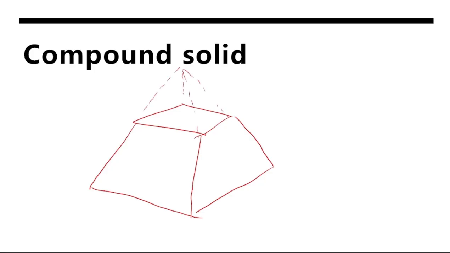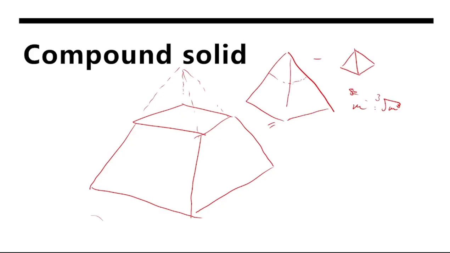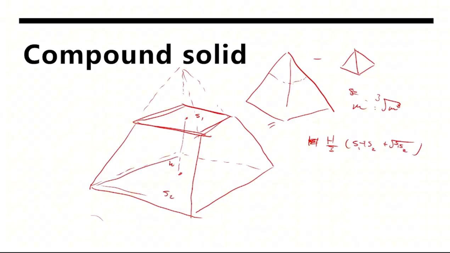If it is a pyramid frustum, we'll have h over 3 times s1 plus s2 plus square root of s1 s2, where h is the height of the frustum, s1 is the surface area of its top base, and s2 is the surface area of its bottom base.